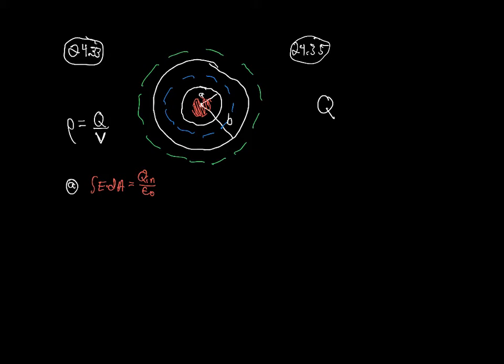How much charge is enclosed inside of that shaded red area? 0. There's no charge. So I plug in 0: integral of E dot dA equals 0 over epsilon naught. So E equals 0.